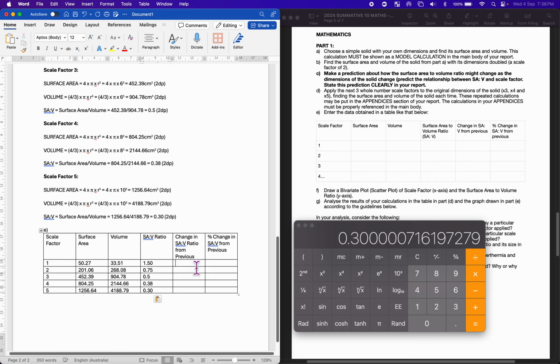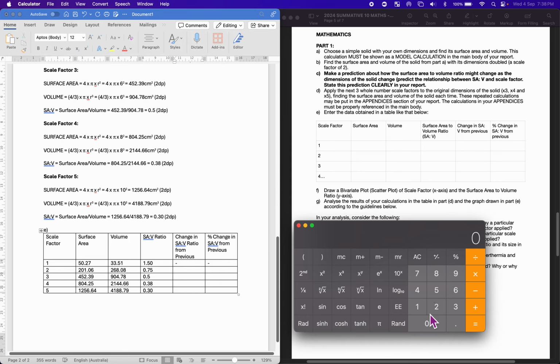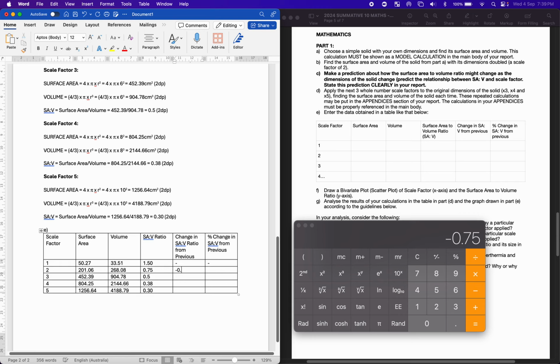What is the change in SAV ratio from previous? So the way that you fill this out is you need to work out the difference between this and the previous number. So it's a subtraction. The first one has no previous, so you just put a dash. But now I go 0.75 minus 1.5. That was a negative 0.75 change.